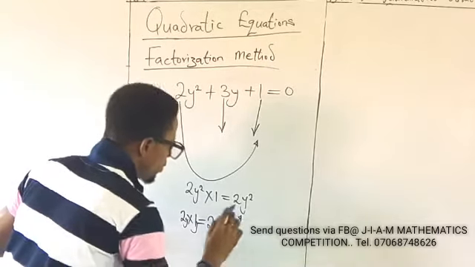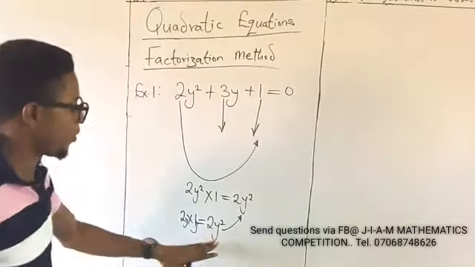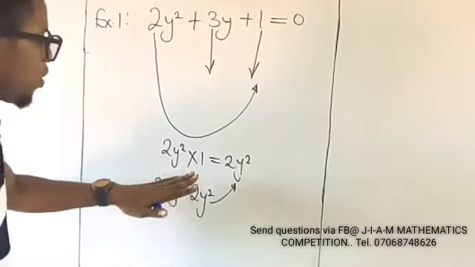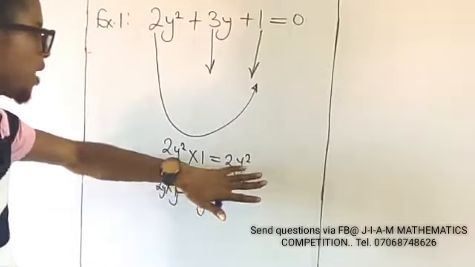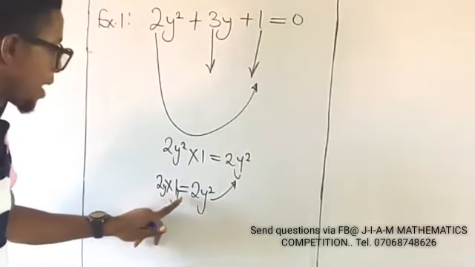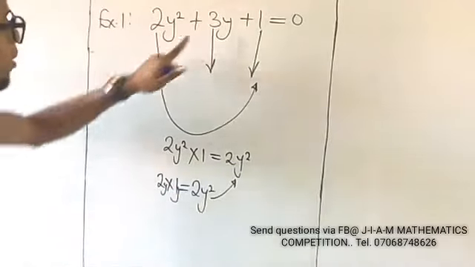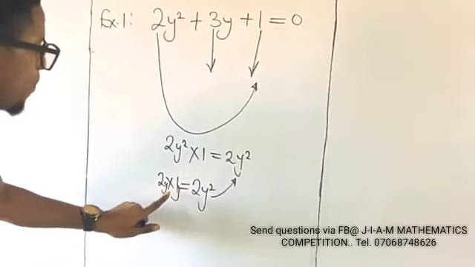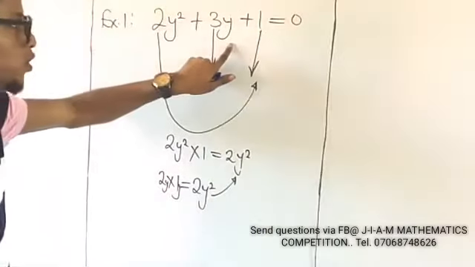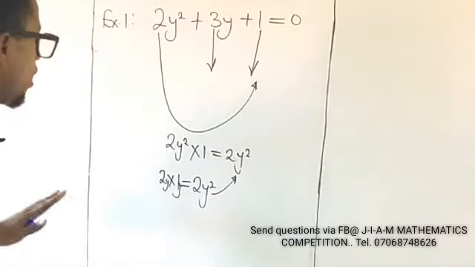Don't crack your brain on that, very simple. So the factors of 2y squared are 2y and 1y. Good. Now 2y plus 1y will give you 3y, so we are on the right track.